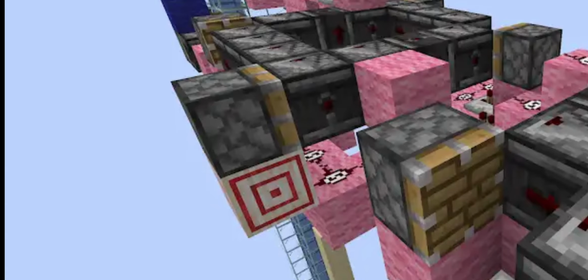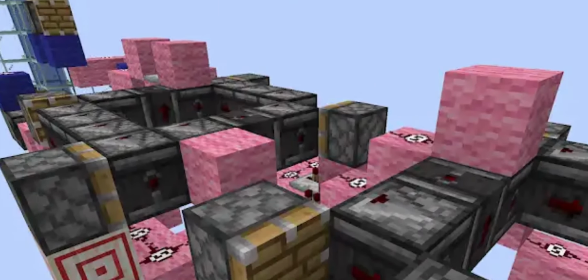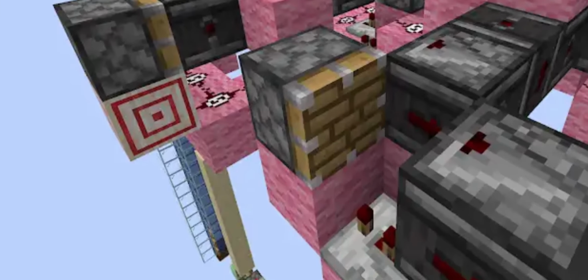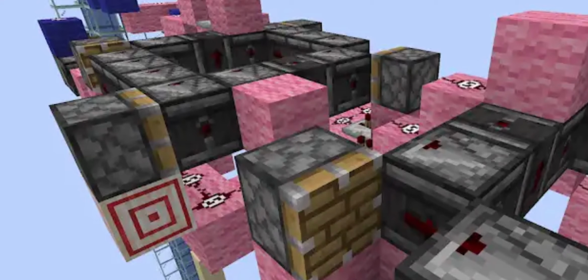1 tick to activate this piston, another to activate this one, and vice versa, based on this, in which this, coming from this feed tape down here, it activates.